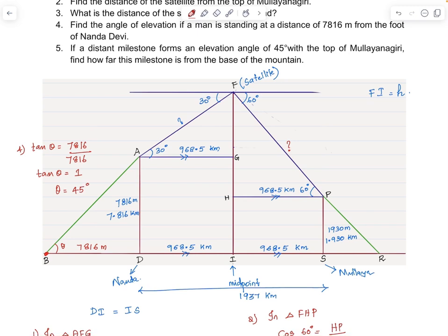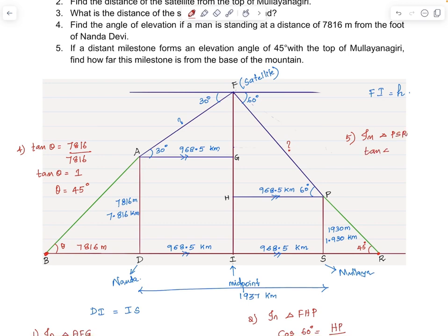Question 5. If a distant milestone forms an elevation of 45 degree with the top of Mullanagiri, find how far this milestone is from the base of the mountain. There is a milestone at R. The angle of elevation from this point to the top of Mullanagiri is 45 degree. We have to find out how far is this milestone from S. So here we will work with triangle PSR.